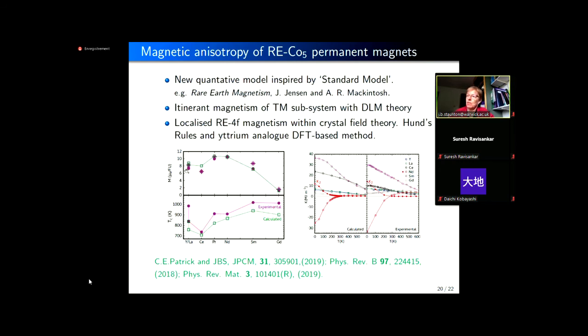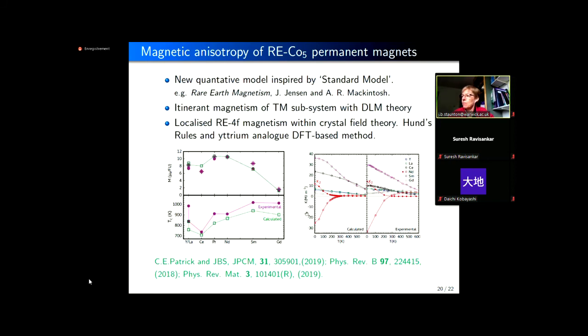And so we could determine the magnetization as a function of element and its TC compared with the experiment, and also, but more importantly, the anisotropy. So here is the calculated anisotropy we got from this model and the experimental values.